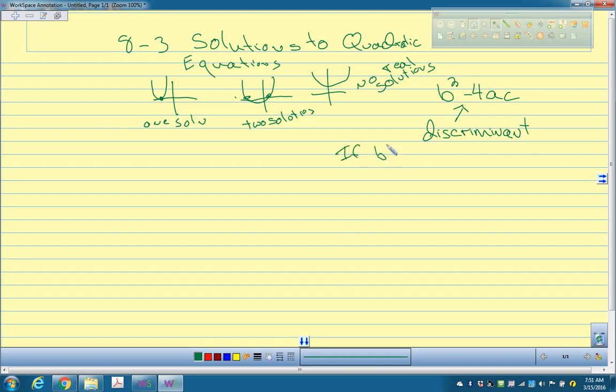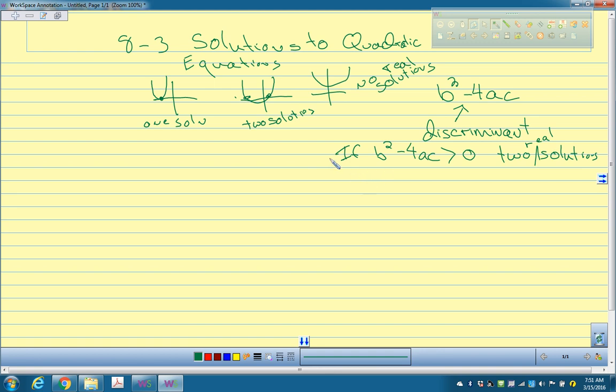So here are some rules. If b squared minus 4ac is greater than 0, how many solutions do you think I'm going to have? Two solutions. Two real solutions, okay?